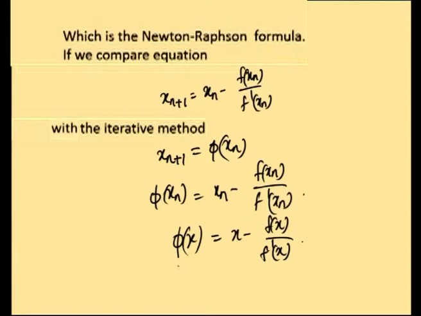Removing all the xn's, we get pi(x) = x - f(x)/f'(x), so that pi'(x) = f(x) f''(x) divided by [f'(x)]^2.